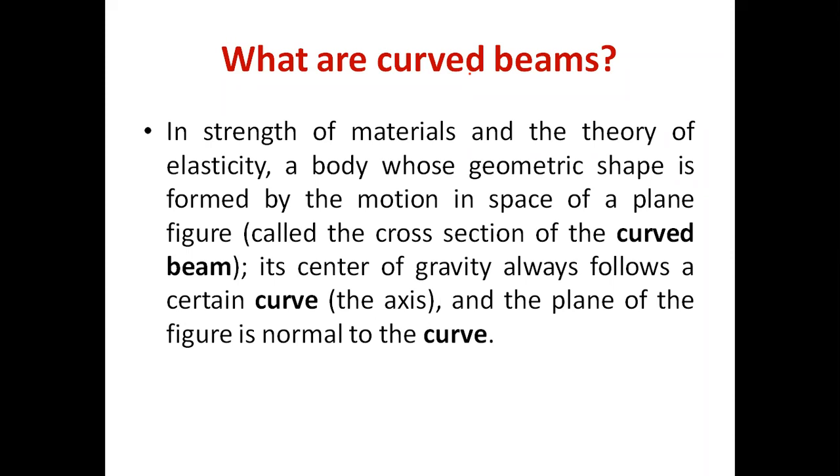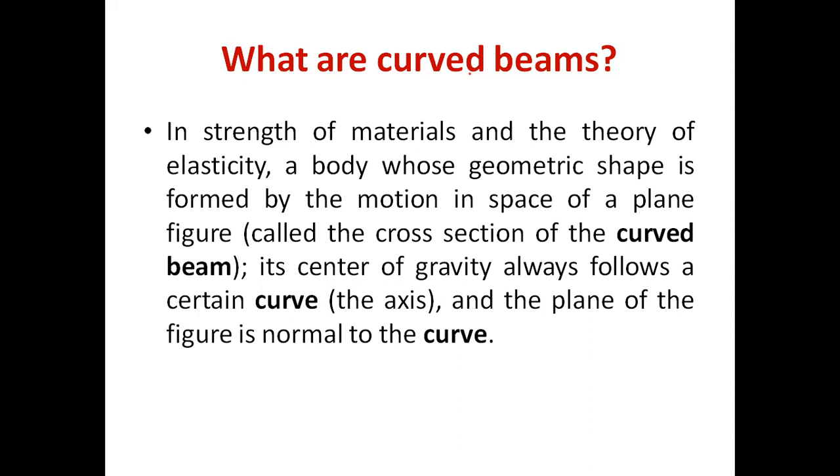In a straight beam, the line of centroid or center of gravity is always straight. But in a curved beam, the center of gravity line will follow a certain curve, with some radius of curvature.